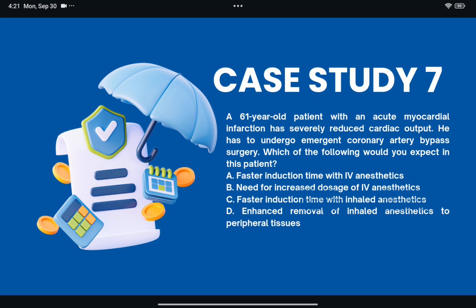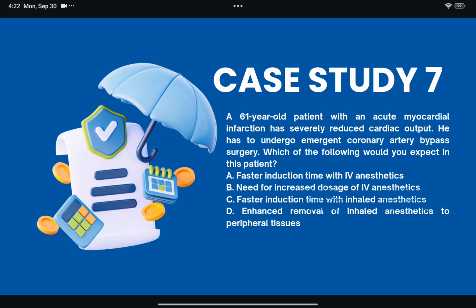Now you see here, in this case, option C, faster induction time, will be seen with inhaled anesthetics, because during low cardiac output, a longer period of time permits a larger concentration of gas to dissolve in the slowly moving bloodstream. The large bolus of the drug has longer contact time to diffuse into neuronal tissue when it transfers across the blood-brain barrier, yielding a faster induction time.